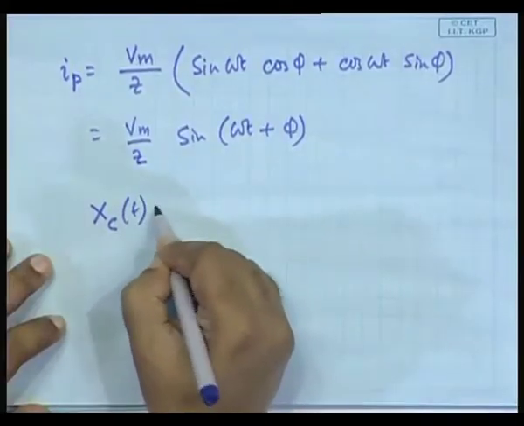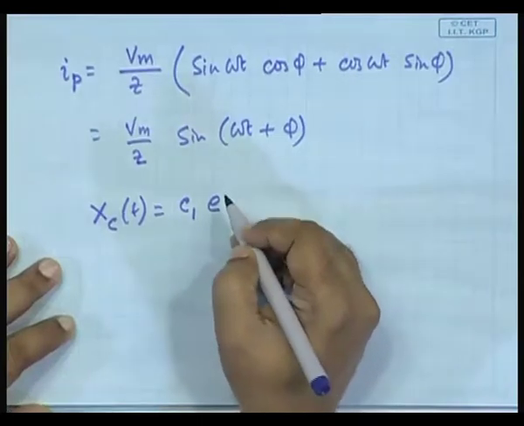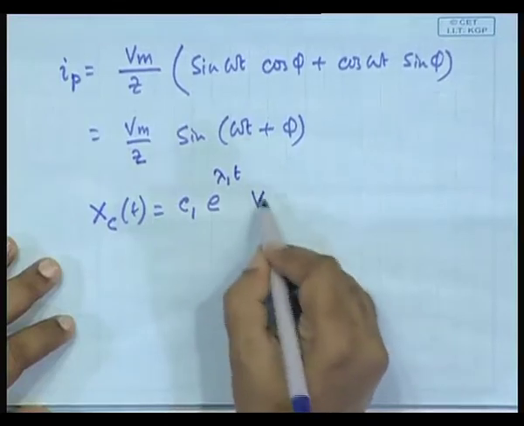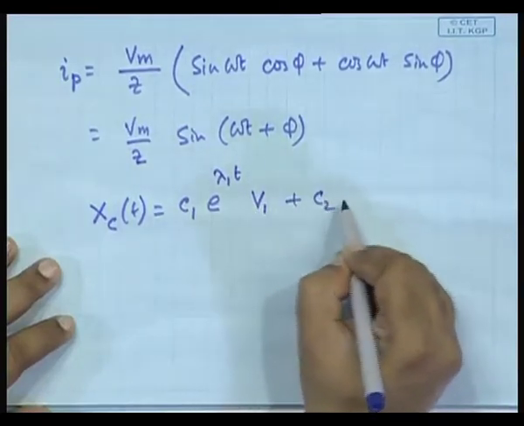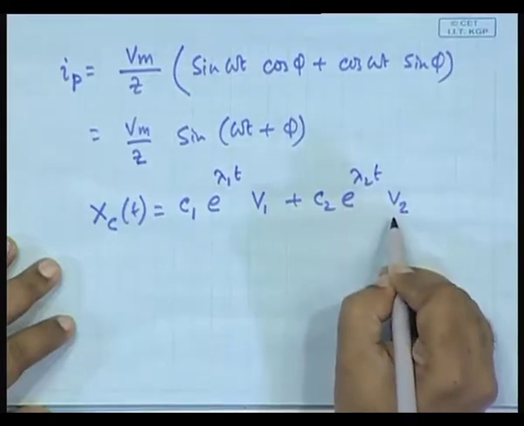So, if the forcing were not there, then the solution would be, I will write it not as I c, but rather the full vector x c of t, as we know, C 1 e to the power lambda 1 t times V 1, the eigenvector, plus C 2 e to the power lambda 2 t times V 2, that eigenvector.